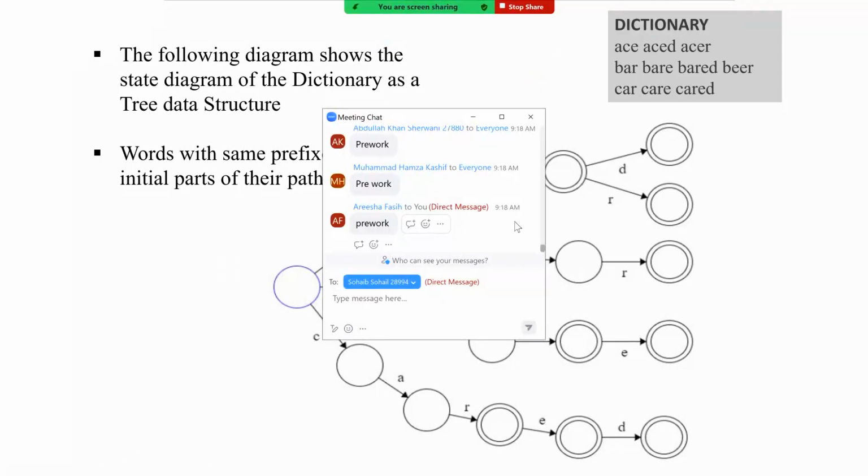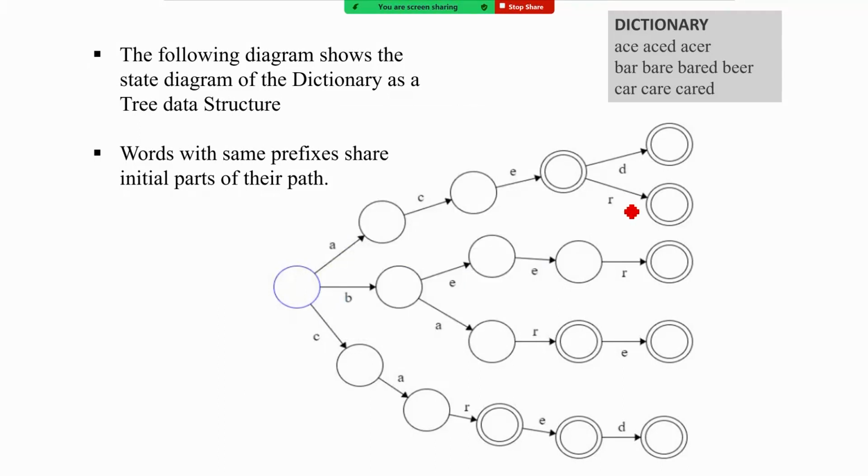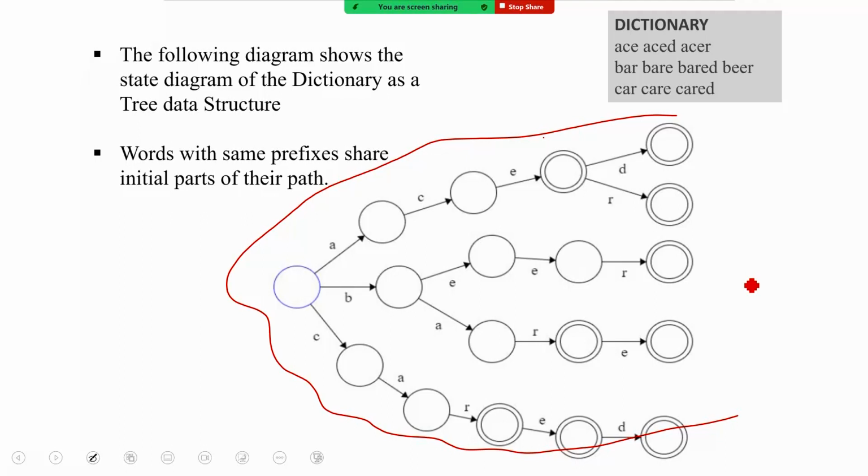Very good. So most of you are heading towards pre-work as far as the trie is concerned, and you're very right. So now I want you to take a step back and think about this for a second. This tree that ultimately allows you to search for a given word is pre-work, because what it has done is that it has taken the dictionary.